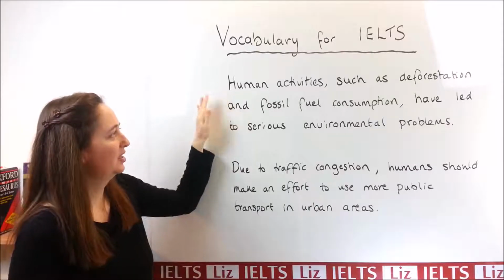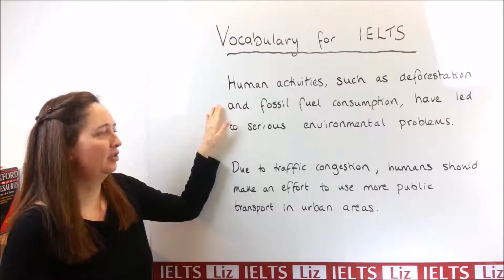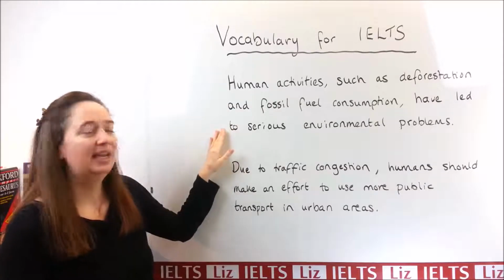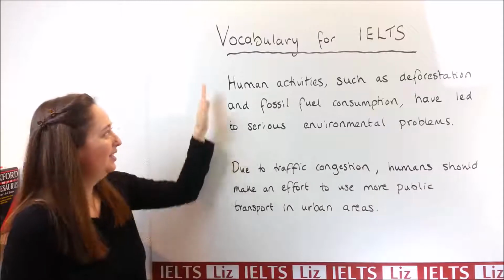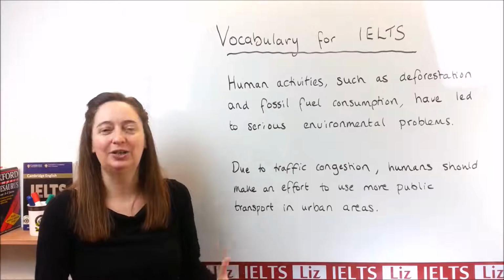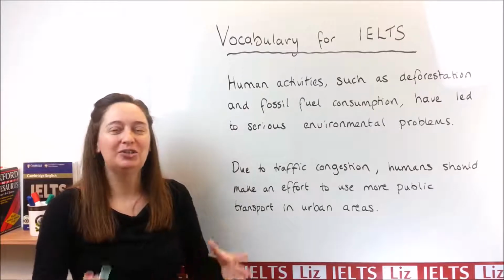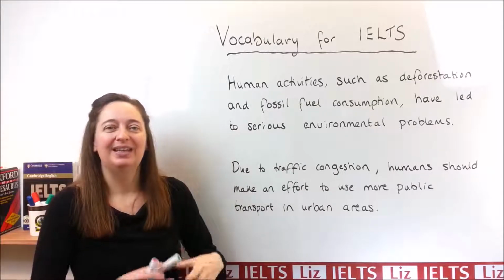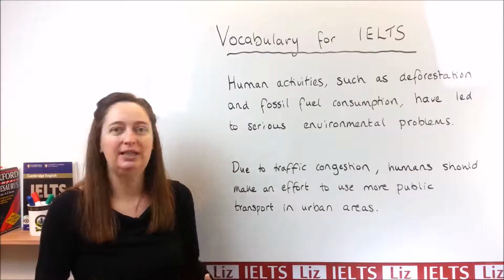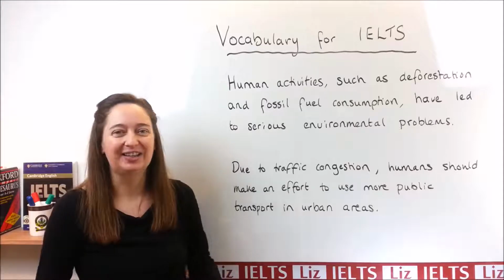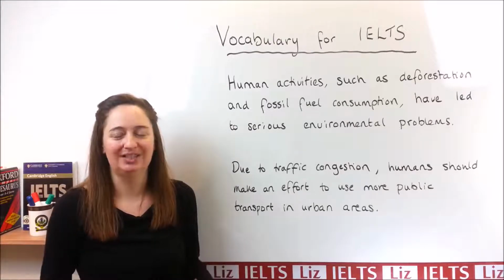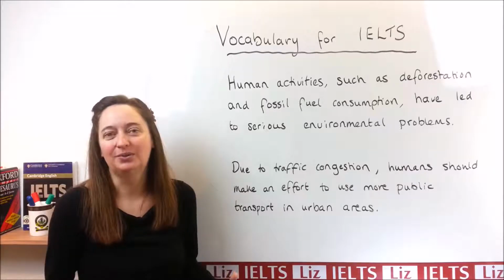Human activities such as deforestation and fossil fuel consumption have led to serious environmental problems. So this is all about the environment. And this is about our ecosystem. Now, this system of our ecology involves humans, animals, trees, plants, insects, fish, all types of living organisms that exist in the world.